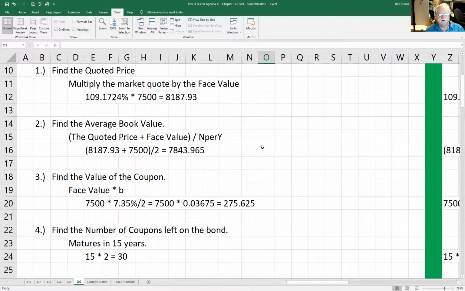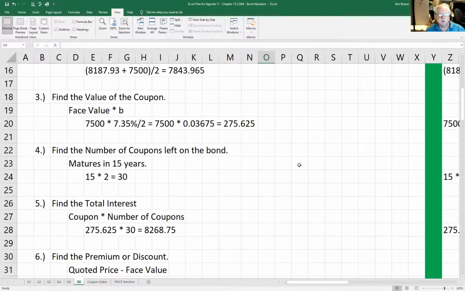And then we're going to do this thing called finding the average book value. And this is a long, complicated process. And if you look on the formula sheet, I've listed this whole process. And if you're going to follow it, it's worth following it step by step.